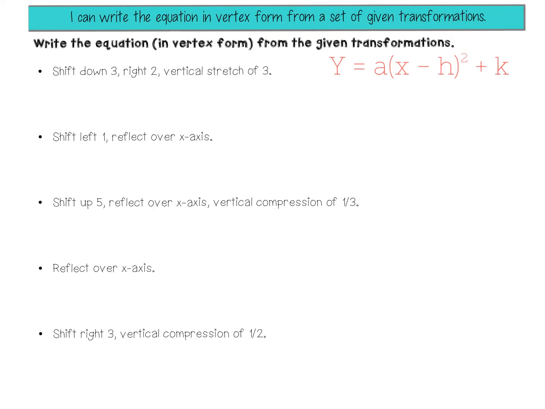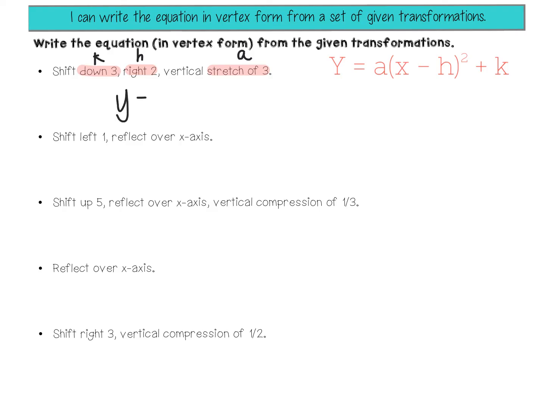So I'm going to read the first example, and I'm going to see if I can put it in that generalized formula. So I see that I shift down 3, so that's going to be a vertical shift. Right 2 is going to be a horizontal shift, and I have stretch of 3. So stretch is A, right is a horizontal shift, so that's H, and down is K. So I just go over to my formula and I plug it in.